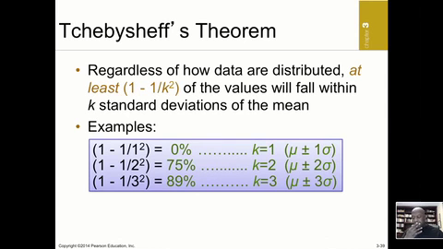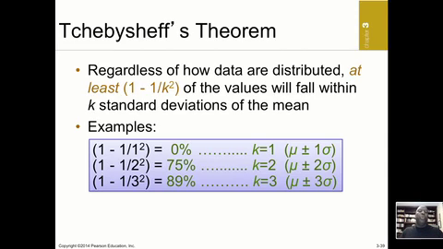Okay? Now, what if we're not sure if the population is a bell-shaped curve? Well, there's Chebyshev's theorem, which basically says, regardless of how the data is distributed, at least 1 minus 1 over k squared of all of the values will fall within k standard deviations of the mean. So what is k? K represents the number of standard deviations that we will add and subtract to the mean.